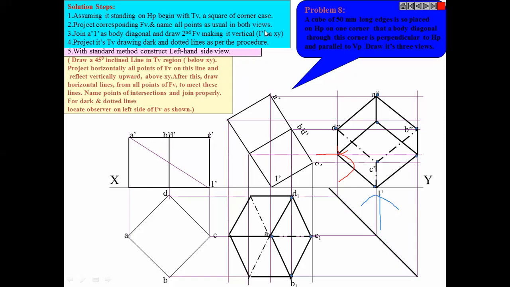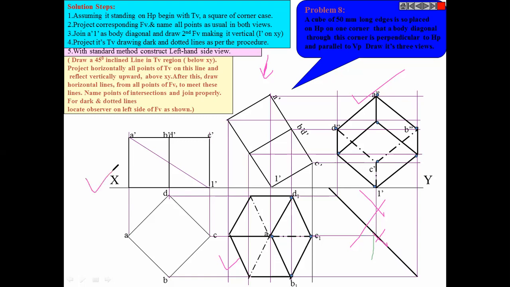In step 2, see, if I see from the top, I will get this. So from where I will see this object to get this view, that is what I'm asking. Left to right. But why are you marking it here? It is wrong. You can't mark it here.